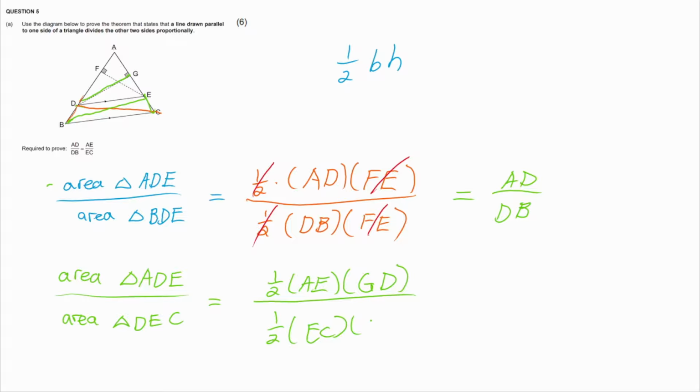We knew it was going to have to be GD because these were going to have to cancel. So now these cancel, and the GDs cancel. So now we have, I'm going to write it here, AE over EC. So now this part is sorted.